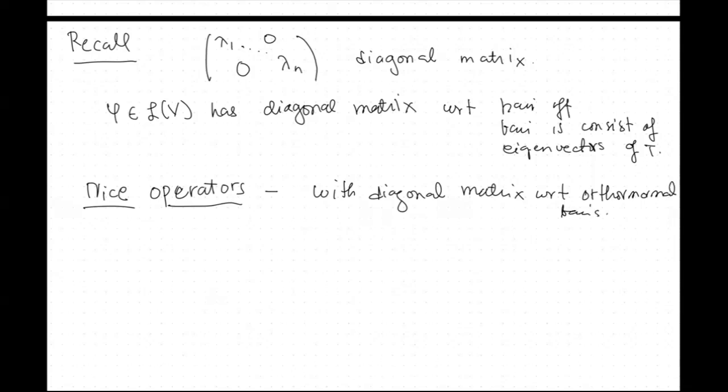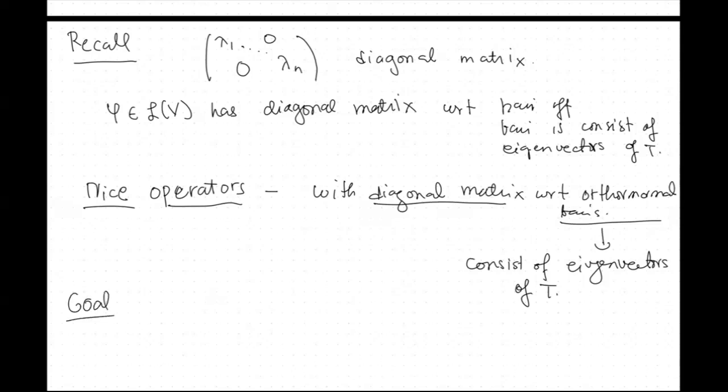And the goal for this chapter is, of course, we have this diagonal matrix, and this orthonormal basis consists of eigenvectors of our operator T. So the goal today is to characterize these nice operators.